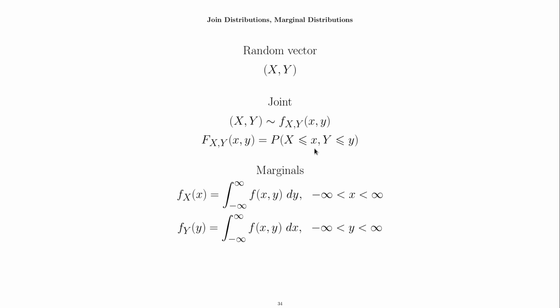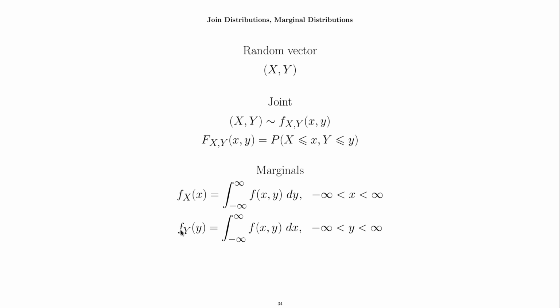And then the marginals for this are just, you integrate out the other variable, and you get back the original density function for the random variable x, right? So in this case, it's just the integral from minus infinity to infinity of the joint over the other variable, and you do this for all x.